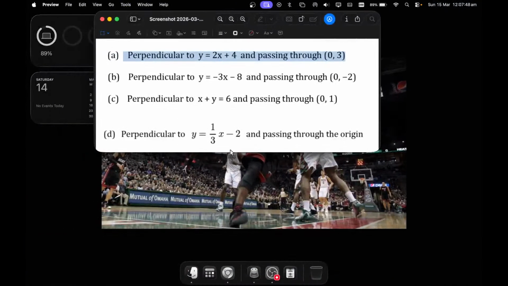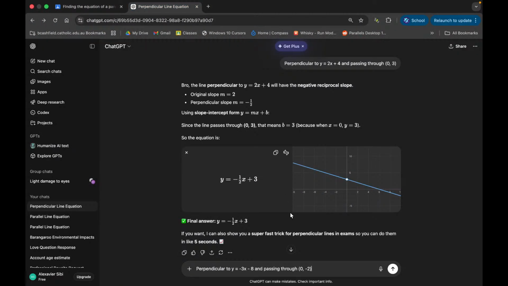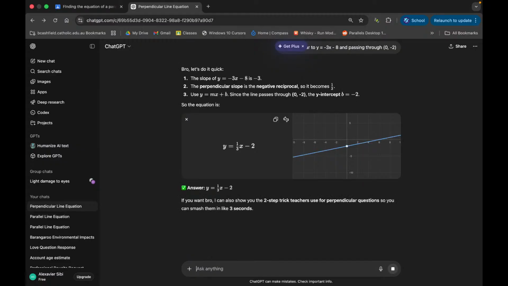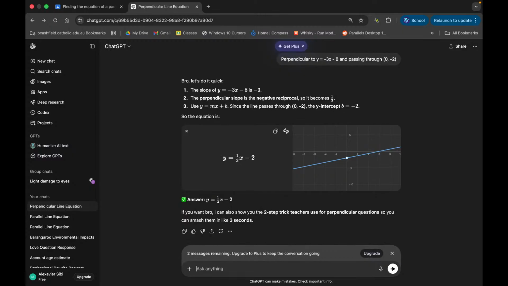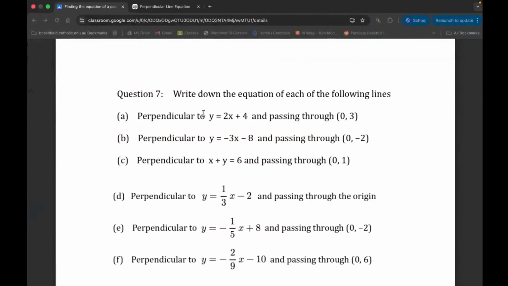Let's fact check that and see what we get. y equals 1/3 x minus 2. I got it correct. Thank you. I thought I got it wrong for a second.